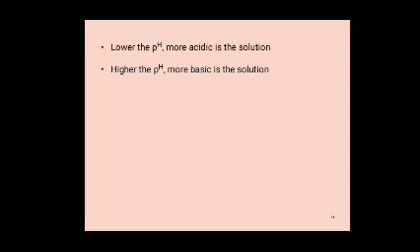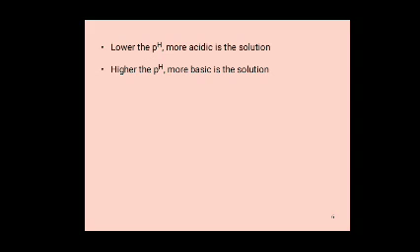Similarly, the hydroxyl ion concentration gives pOH, which is equal to minus log OH minus ion concentration. pH plus pOH is equal to 14, then pH is equal to 14 minus pOH. In case of a basic solution, to calculate the pH value we take the OH minus ion concentration, then pOH is equal to minus log OH minus ion concentration.